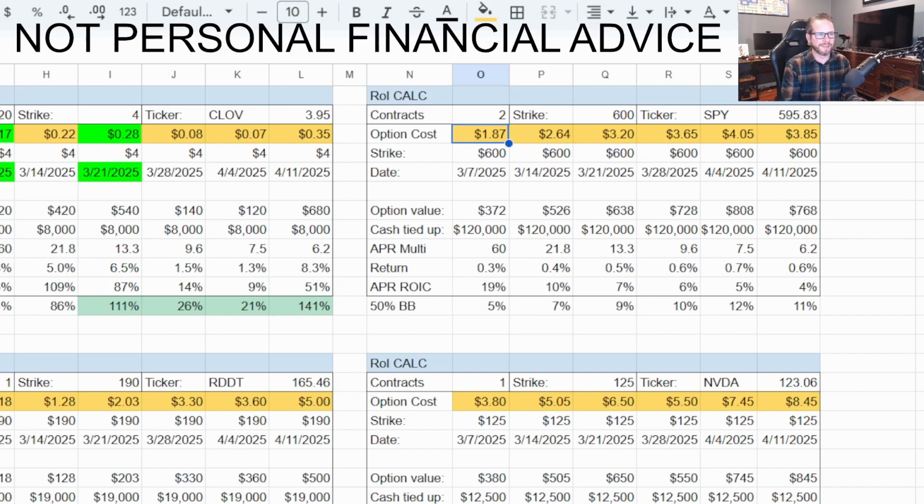So I've got to make sure I'm not looking at the dailies here. So the 7th would be 6.83 to sell it at $600. You can see the APR is way different than like Clove, as an example.